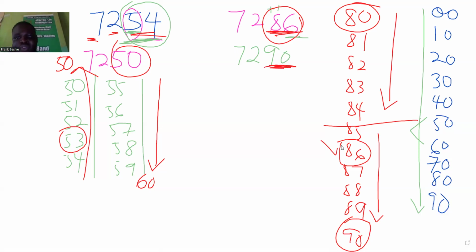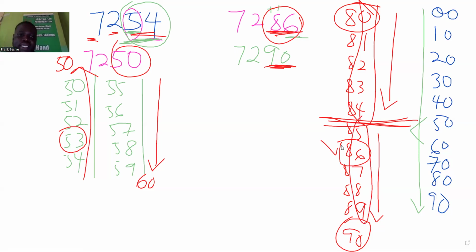So if you watch carefully, the reason why we use 0 to 4 to approximate to the lower tens is because it falls within the lower region of our tens, whilst 5 to 9 is used because it falls within the upper region of our tens.